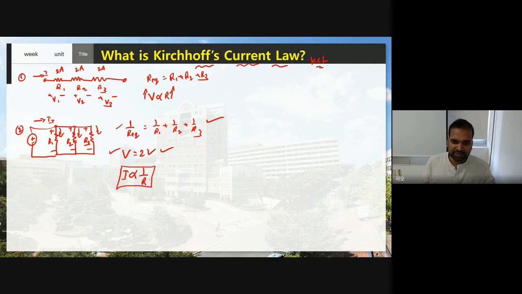So if the resistance value is higher, the current is low at that particular resistor. Suppose the resistance value at R1 is low, then the current flowing at R1 is very high. So the current flow completely depends on the resistance value, and it is inversely proportional to the current. Okay, clear? This is my second point.